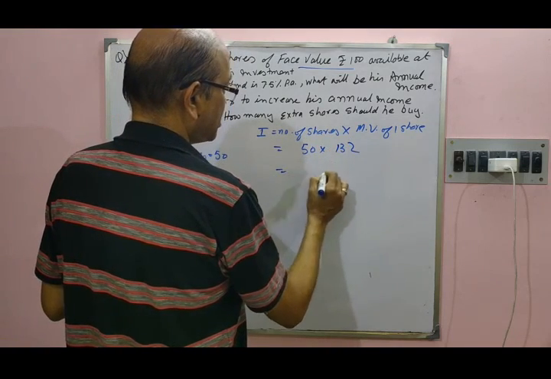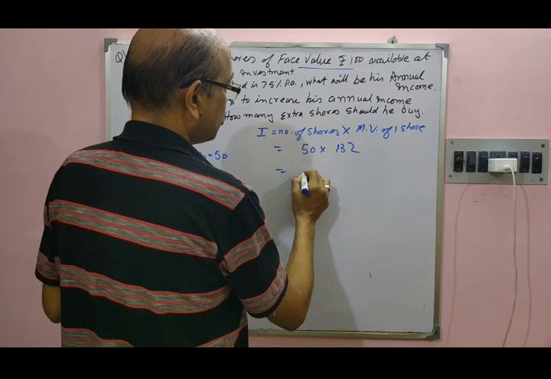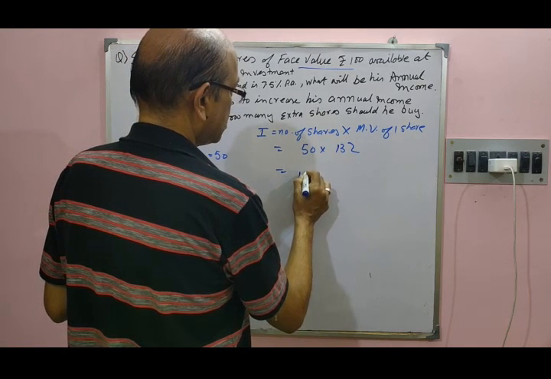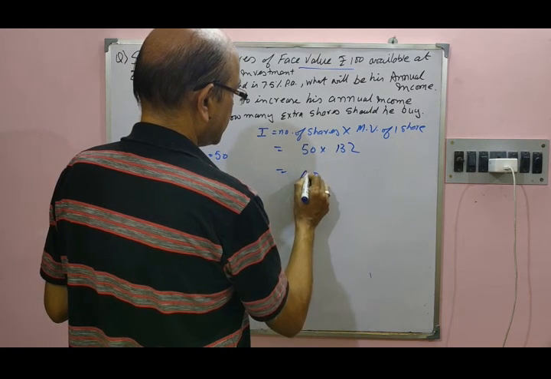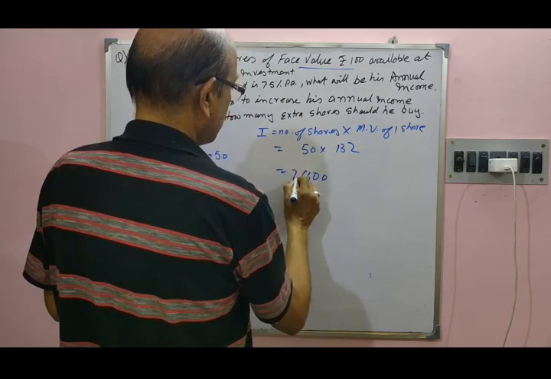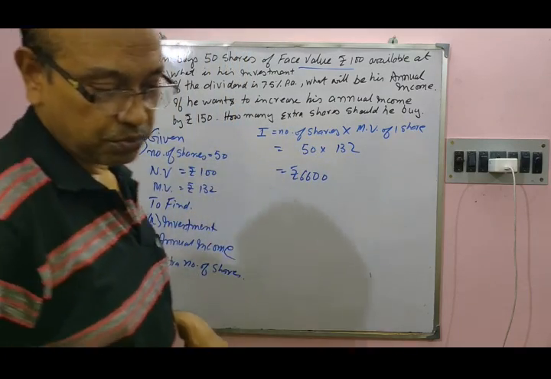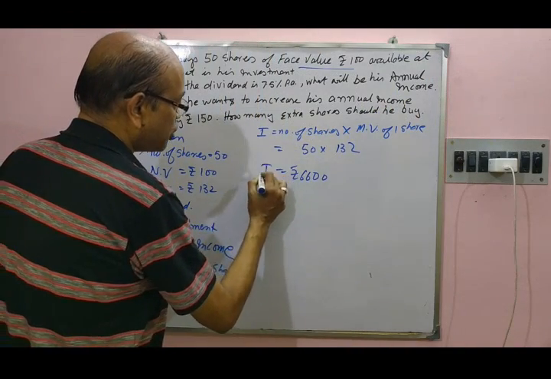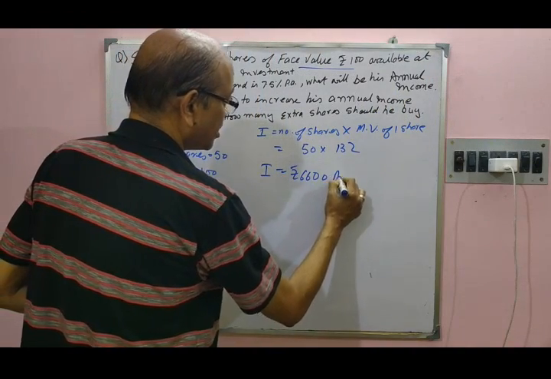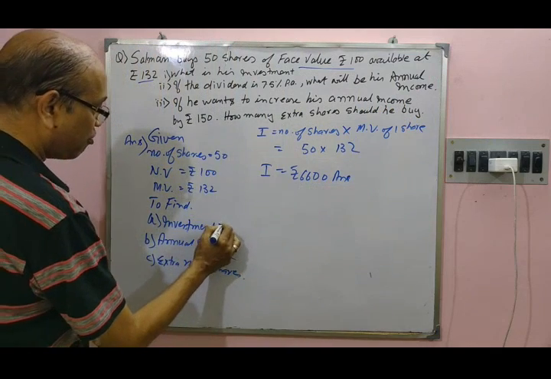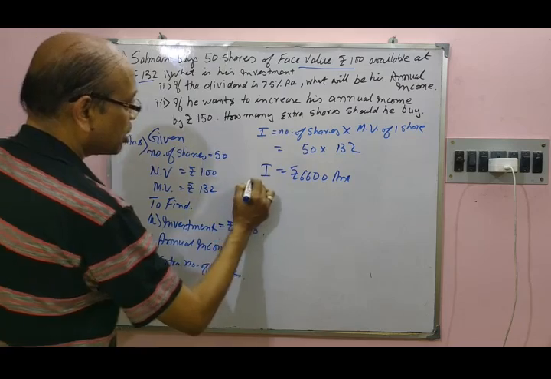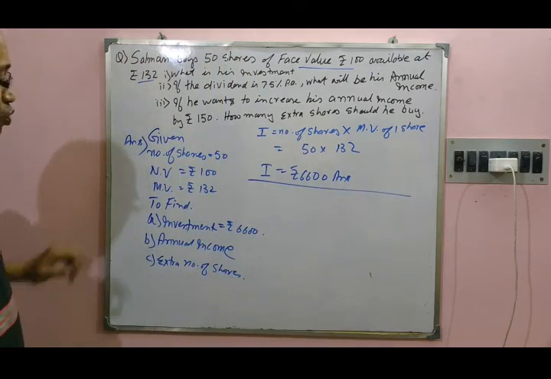So how much is this? 6600 rupees. So investment is rupees 6600. That is the first answer. Investment rupees 6600.